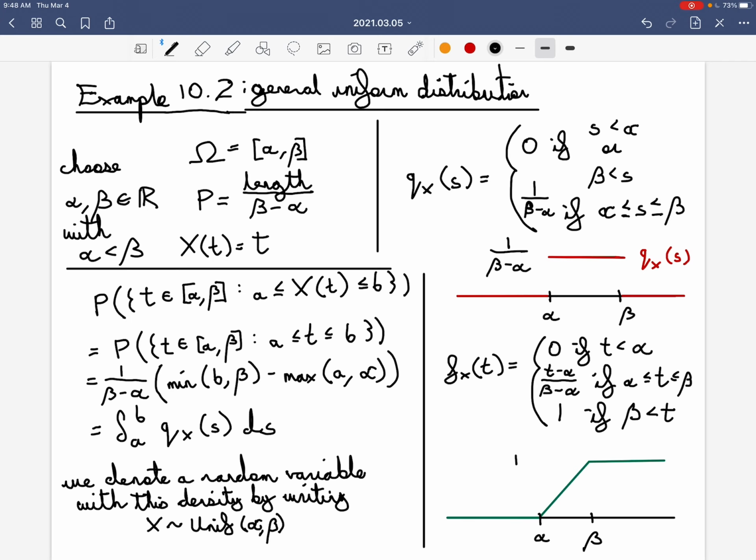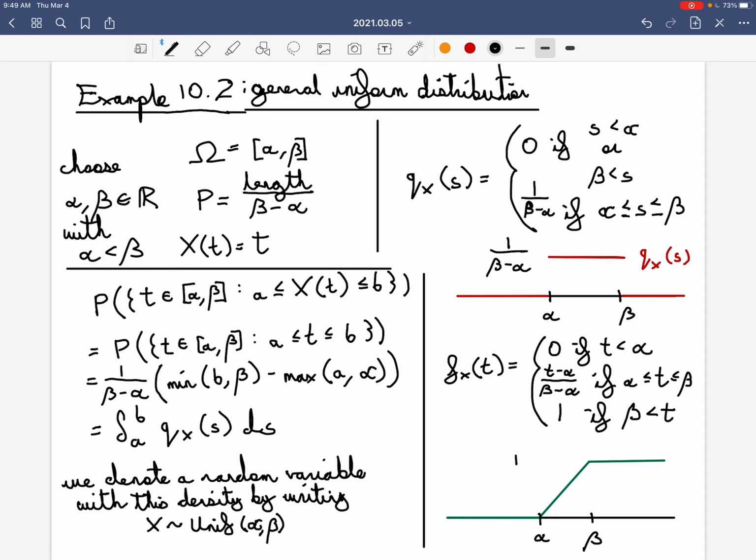So if alpha was -1 and beta was 1, probability would be length divided by 2. And it makes sense: if I'm choosing a random real number between -1 and 1, the chance that it's positive is a half, because the probability that you're in the right half of the interval is the length of the right half, which is 1, divided by the total length, which is 2.